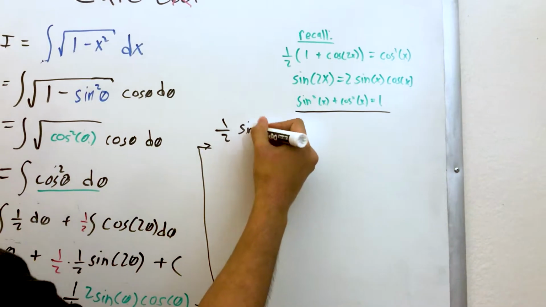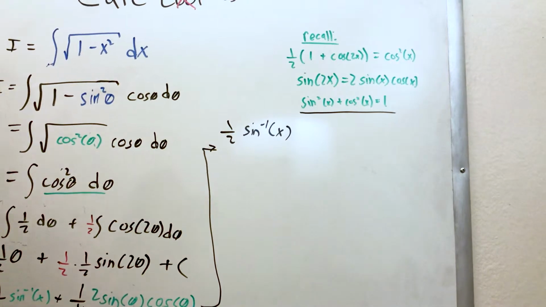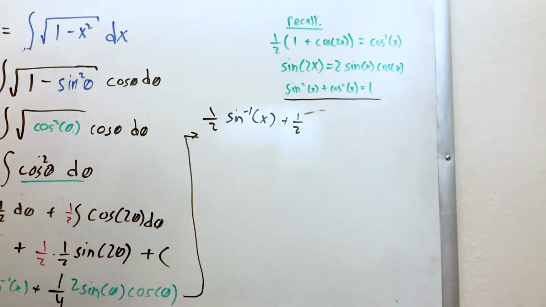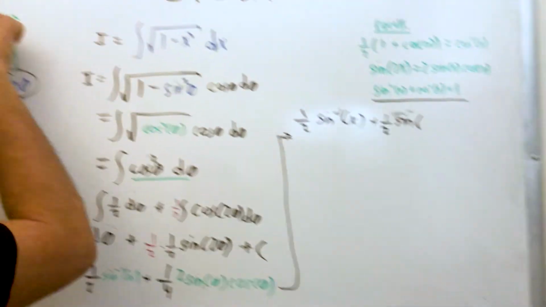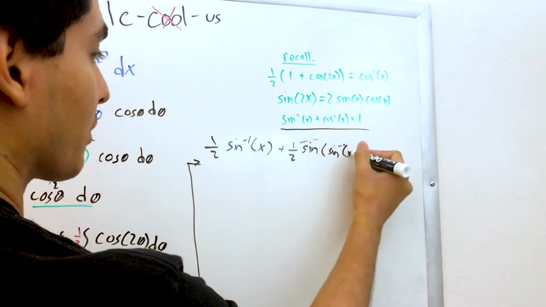1/2 sine inverse of x, that stays constant, times 2 over 4 is plus 1/2. Okay, so I can write sine of theta, which is sine inverse of x. Cool.